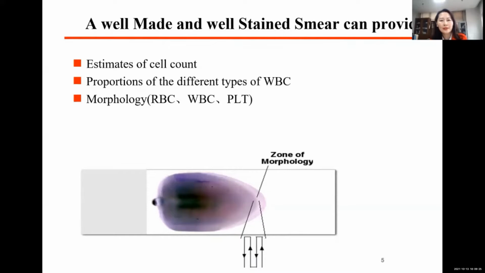A well-made and well-stained smear can provide estimates of cell count and proportions of the different types of WBC. We can also evaluate the morphology of red blood cell, white blood cell, and platelet.